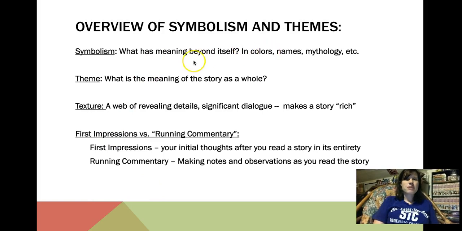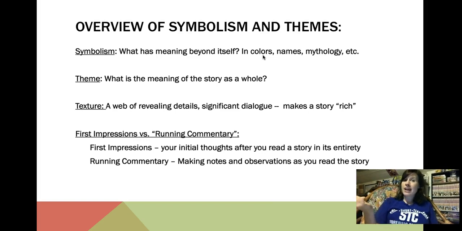So symbolism, we've talked about that a little bit already. Those are things like colors, names, mythology. For example, when we see a stoplight, there's no words on the stoplight, but we know that when it's red, that means what? Stop. And when it's green, it means go. The stoplight doesn't have words to tell us these things, but we know through symbolism that that's what those colors mean.